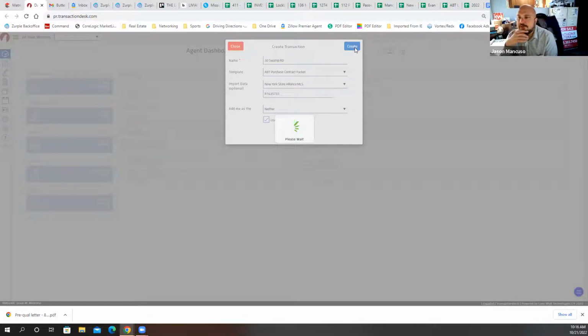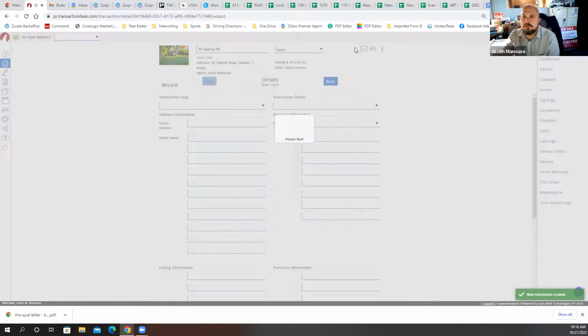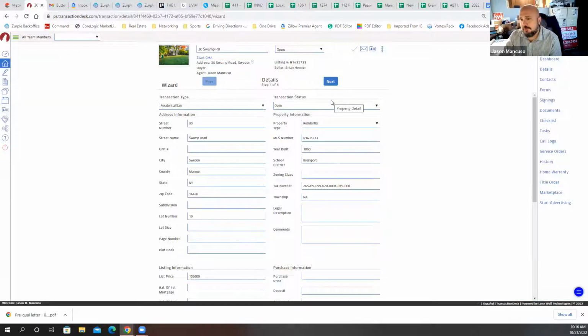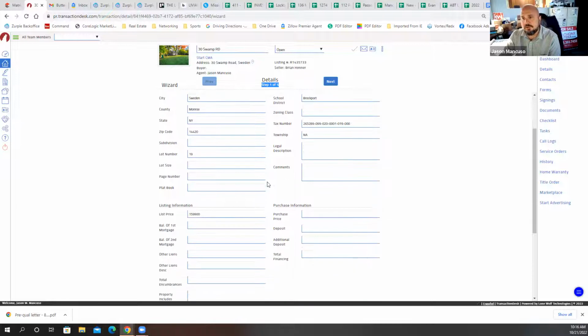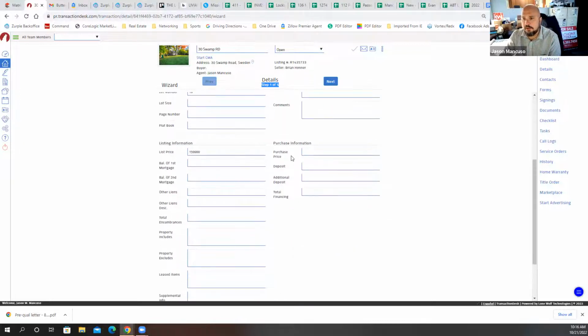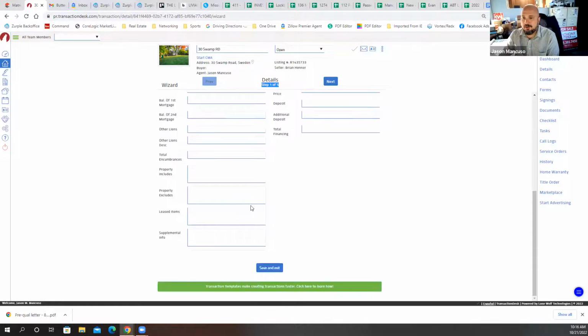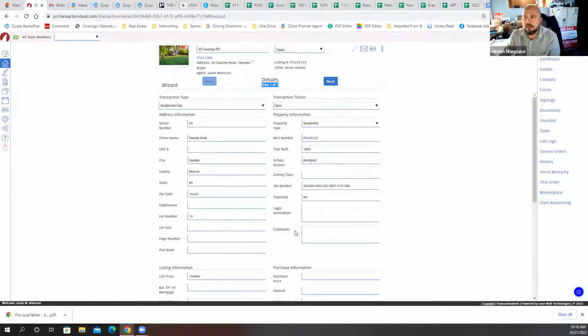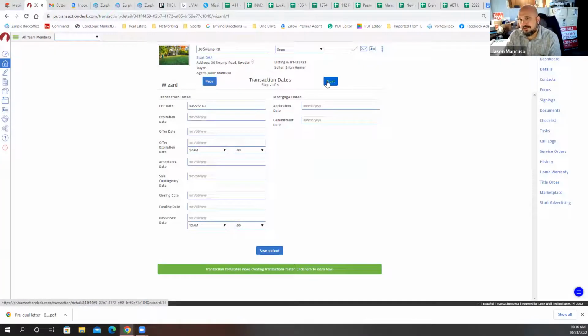So right now it's developing everything that you need to do this. There are a few different ways to do this. You can use these steps 1 through 5 to fill in a lot of information, like your purchase price, your deposit, and other categories that you could fill in here, which would then populate into the contract itself.